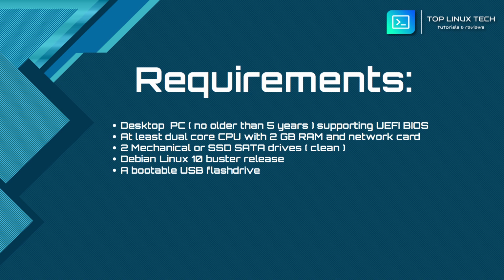The PC will also need to have 2 mechanical or SSD SATA drives attached and ready to go. The disks should be wiped clean, meaning they must not contain any data or previous partitions. And finally, you'll also need a small USB flash drive of minimum 2 GB in size for the Debian Linux OS installation. And with all that being said, let's move on with this tutorial.